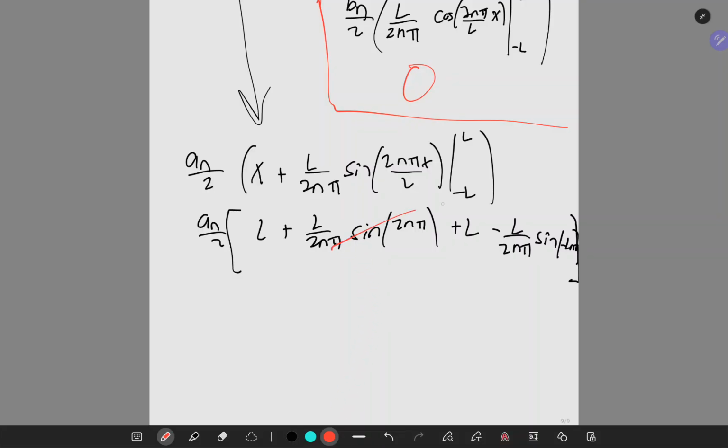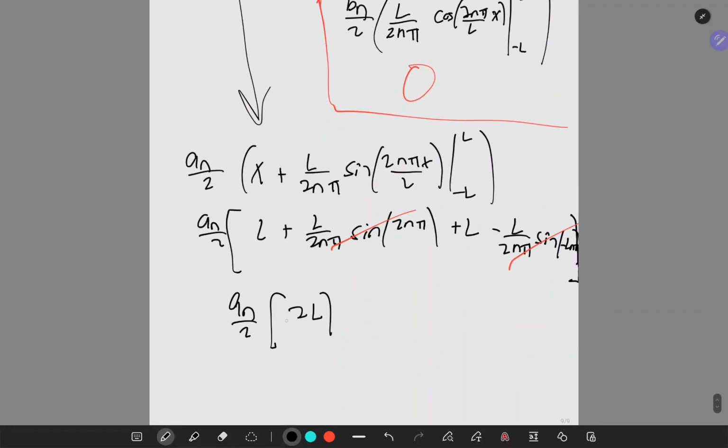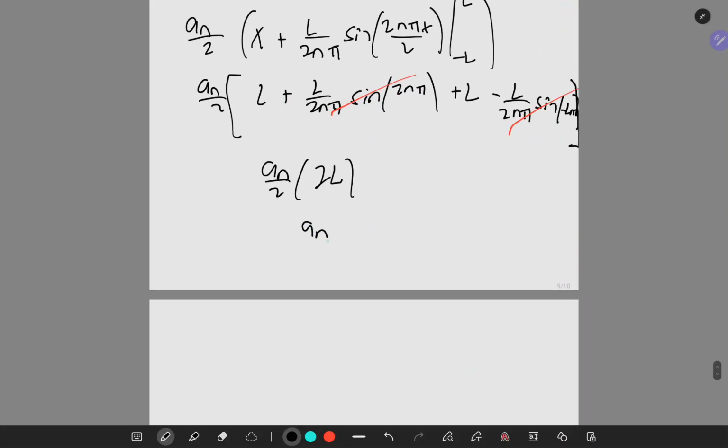These terms are going to drop off. And you're just left with a sub n over 2 times 2L. So then this is just a sub n times L, oh sorry, I should not have erased that, and we still have this.